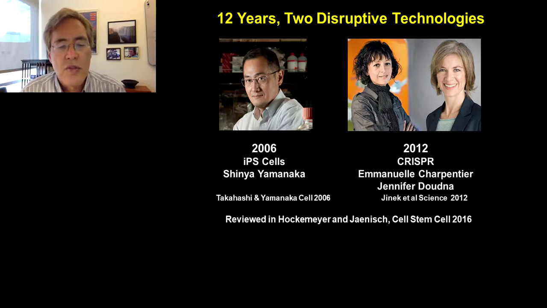We take iPS cells and use them as models of human disease, and then we use CRISPR to test hypotheses about disease within iPS cells, and more recently to see whether we can use CRISPR as a tool for actually curing some of these diseases. So it's between these two technologies and the intersection that we work the most.